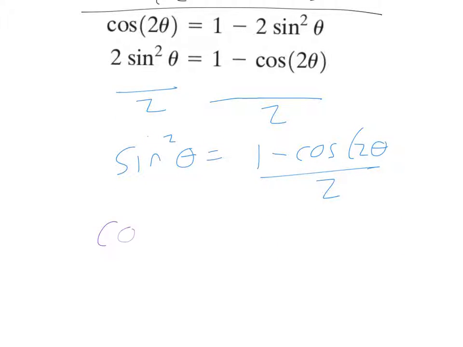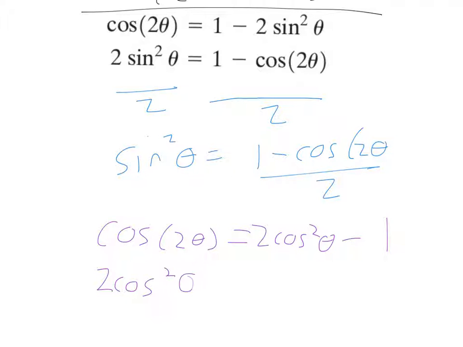Likewise, take the formula for cosine of 2 theta is equal to 2 cosine squared of theta minus 1. Again, if you follow the same procedures, get the 2 cosine squared of theta by itself, you'd have 2 cosine squared of theta is equal to cosine of 2 theta plus 1.